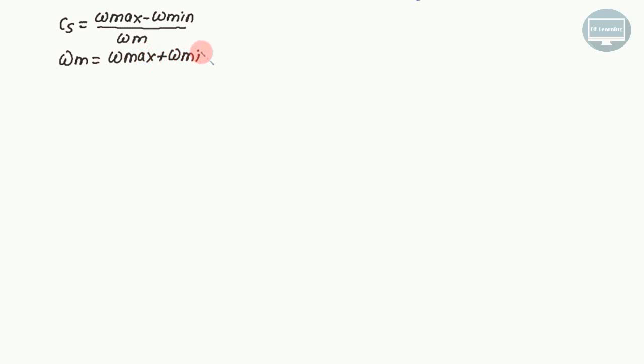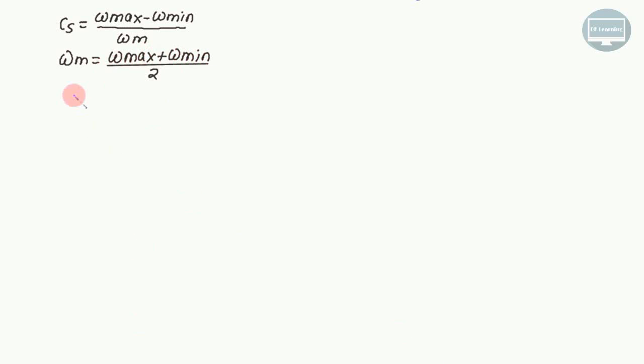What is CS? CS is defined as omega max minus omega minimum upon omega mean. And what is omega mean? It is omega max plus omega minimum divided by 2.